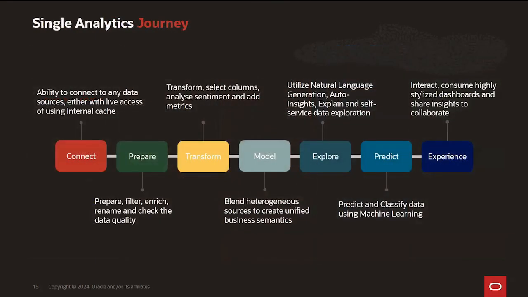No, nothing magic there. So the journey, if you will, is you connect it, you prepare it, you transform it, you put it into a model so it can do things, and then you explore that. You might explore it, but you also let the machine explore. And then based upon the predictions, the data and the patterns, it's going to be able to predict and classify data using multiple threads, right?